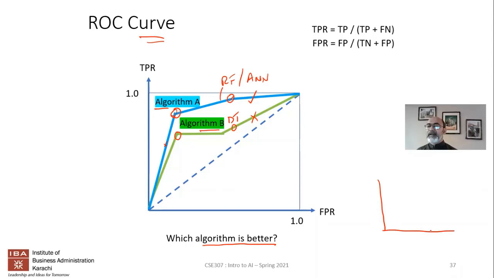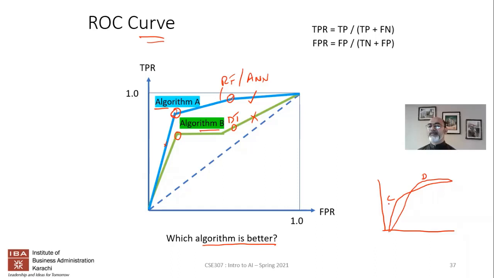But if, for example, you have a case something like this, and another case which looks something like this, let's say this is algorithm C, and this is algorithm D. Now which is actually superior?